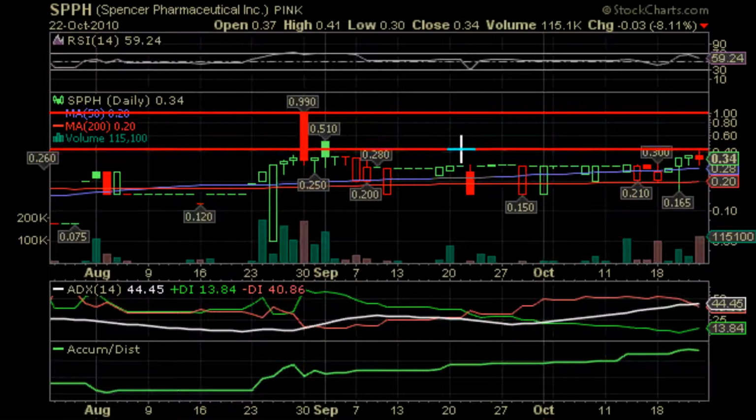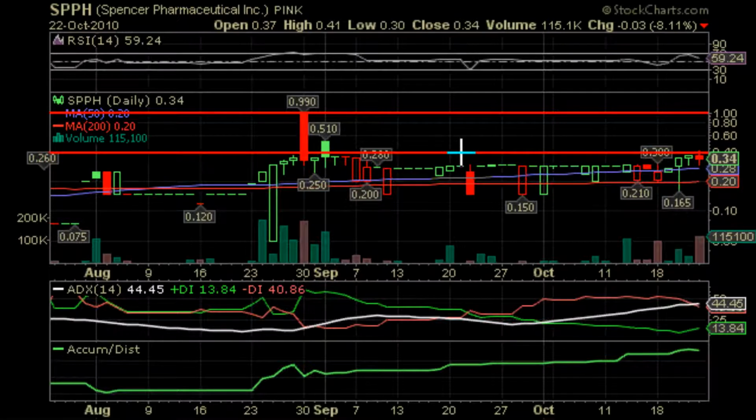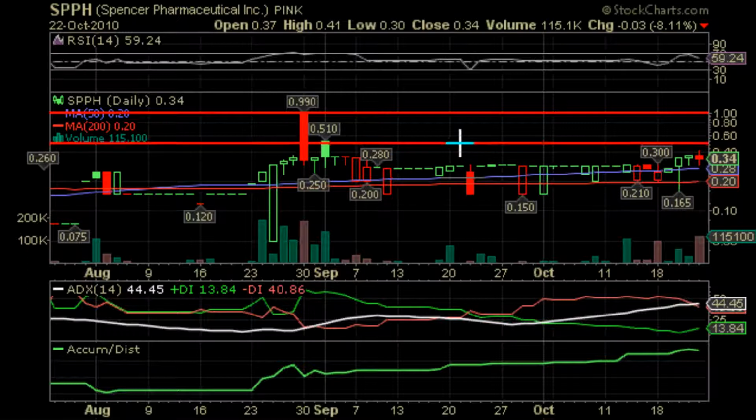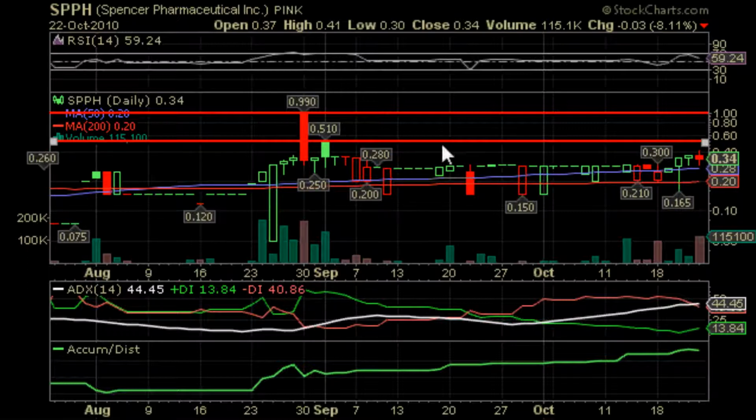And what line is that on? That would be right at, well, we just broke that. Right here at 0.51. 0.51 is going to be the next key level of resistance.